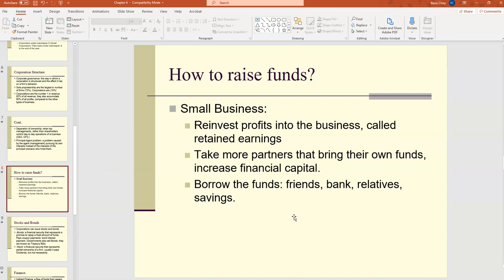It's not until the business gets to a certain size that other people are willing to take a chance on you. So a lot of the time you can't really bring in partners or things of that sort. It takes a while for businesses to be able to borrow funds from banks and other things of that sort.